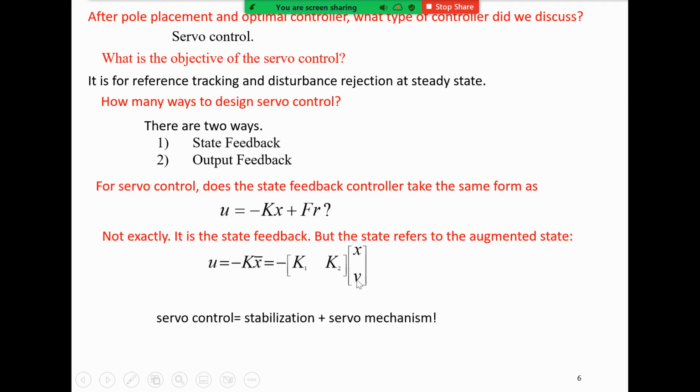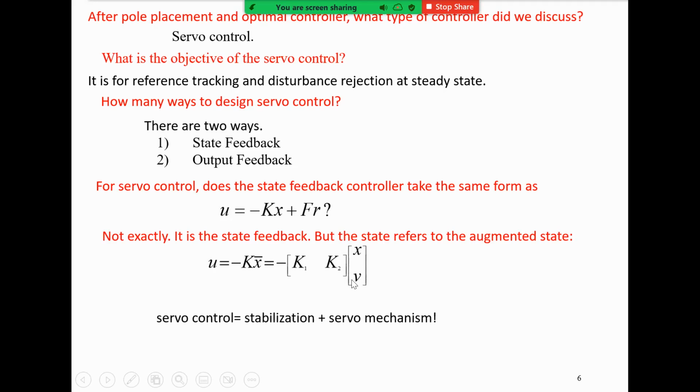When you design those K, you can use LQR or power placement to make the whole system stable. So that's why you have to know how to stabilize the whole system.